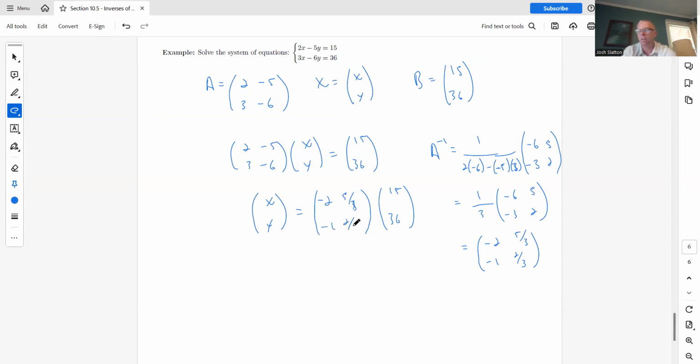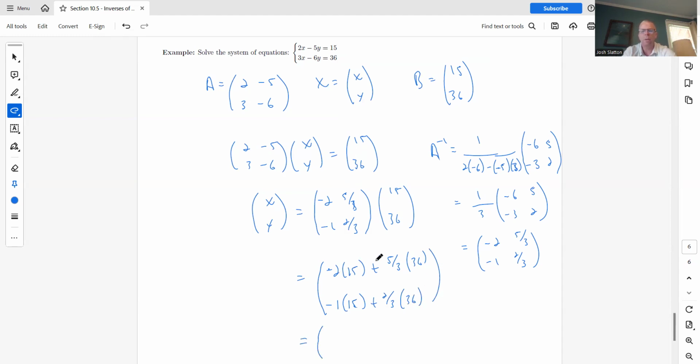Now we just have to multiply A inverse times B, and then that gives us our answer. So we have negative 2 times 15 plus 5/3 times 36, and then negative 1 times 15 plus 2/3 times 36.